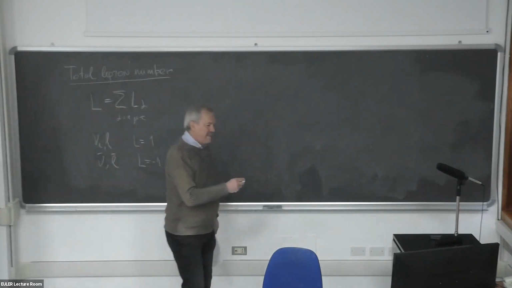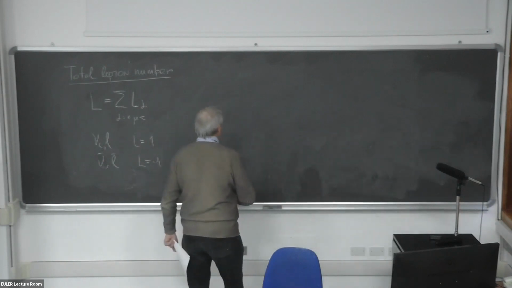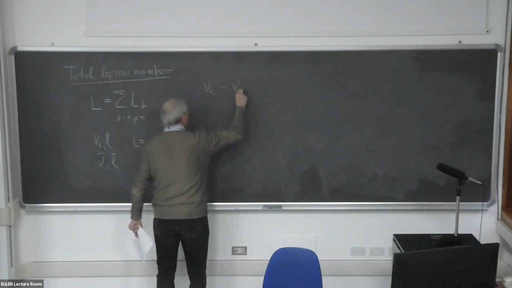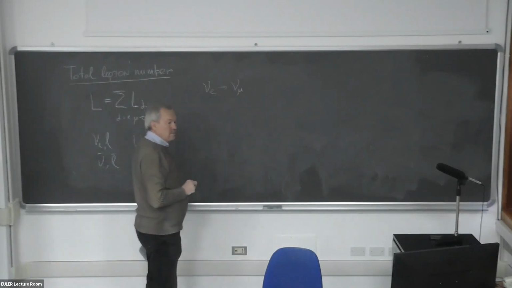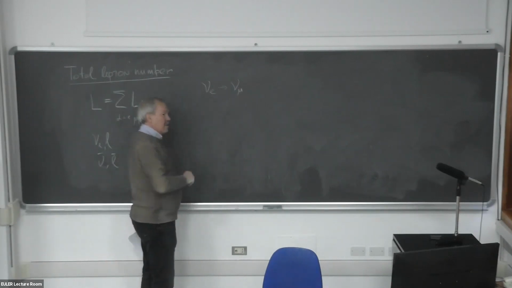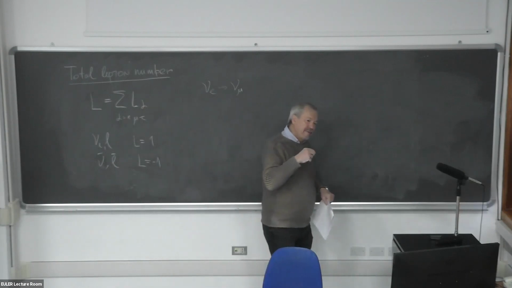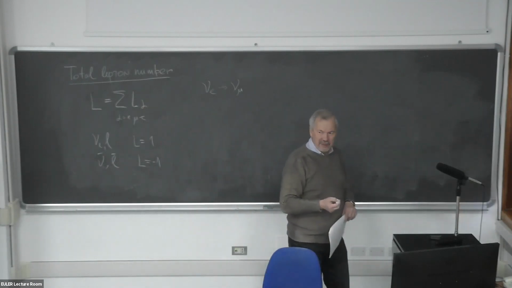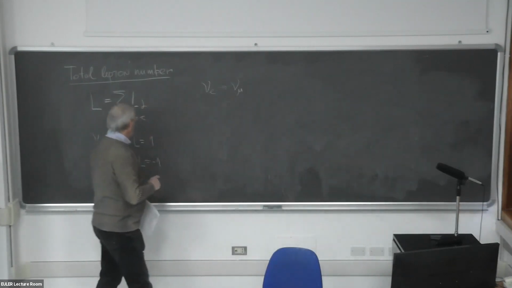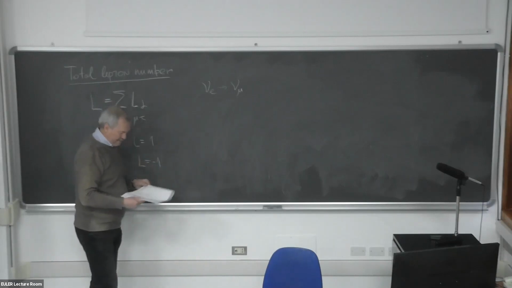So even if you have violation of flavor lepton numbers, like for instance oscillations of nu_e to nu_mu, total lepton number is conserved, right? Because total lepton number is 1 here and total lepton number 1 is here. So you may have violation of flavor or individual lepton numbers. However, total lepton number is conserved. So this is more fundamental, so to say.